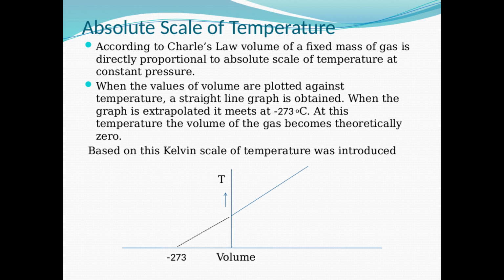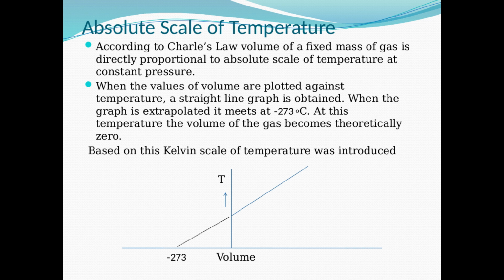What is Charles' law? According to Charles' law, volume of a fixed mass of gas is directly proportional to temperature. V by T is equal to a constant at constant pressure. That is, whenever the volume increases, temperature also increases.